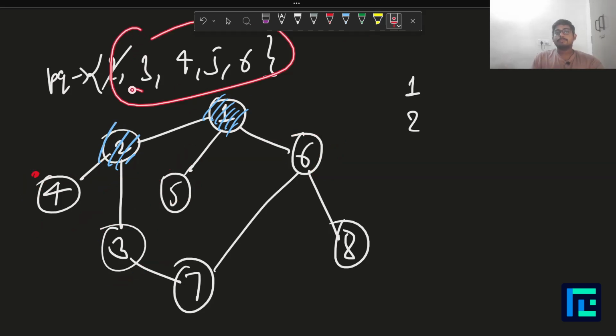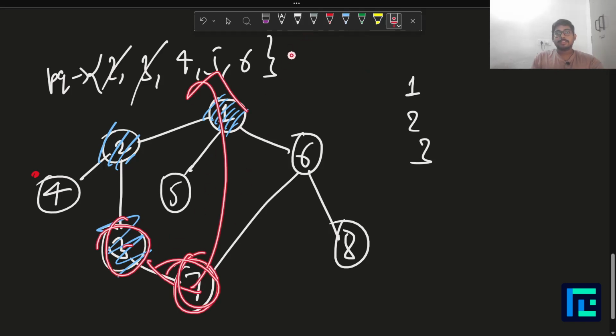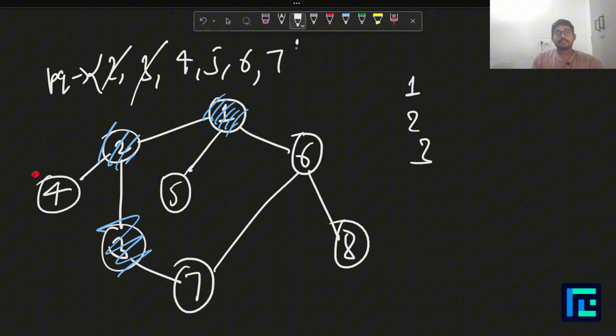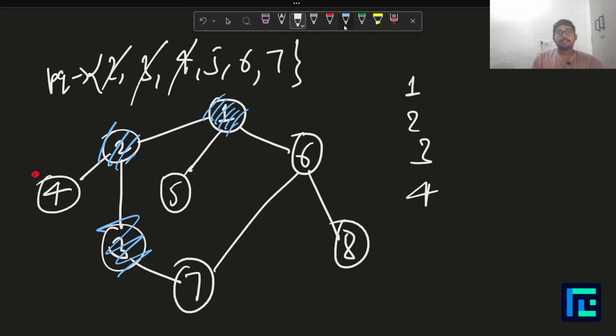Then whatever is the smallest in this priority queue, which is 3, visit it, note it down, and put all the nodes adjacent to node 3 into the priority queue, so you put 7 into it. Again, look at the current priority queue, pick whichever is the smallest value, visit that, and insert all the nodes adjacent to it.